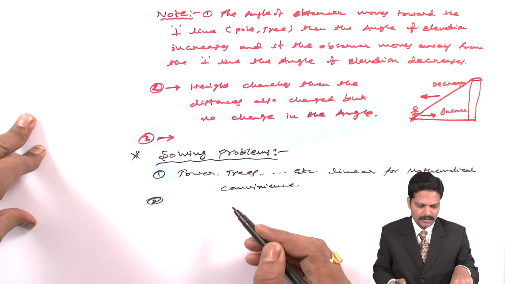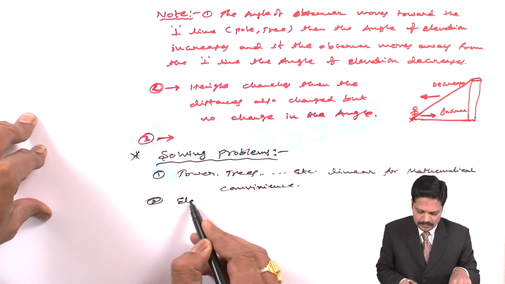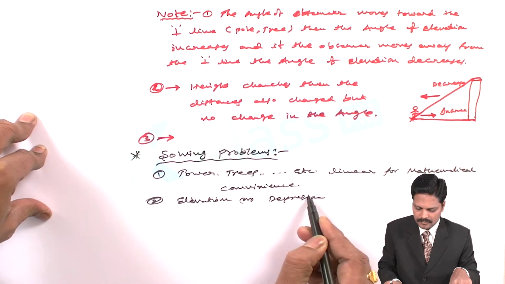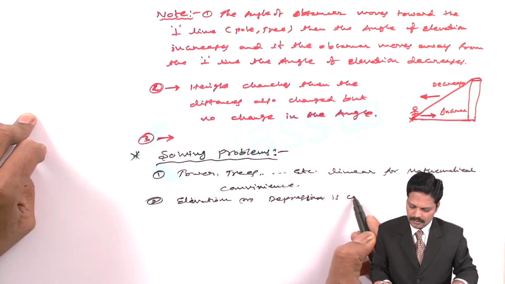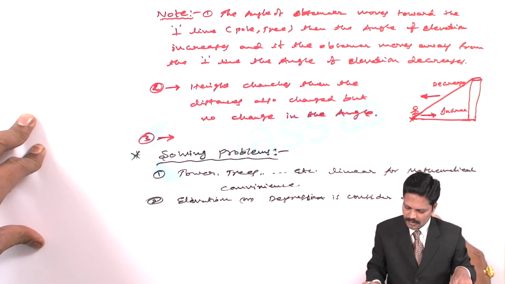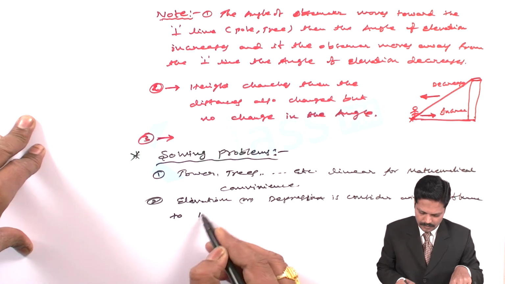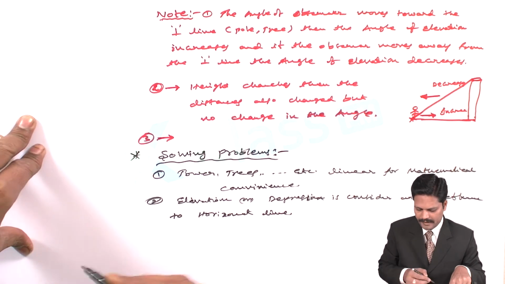And the second one, the angle of elevation or depression is considered with reference to the horizontal line.